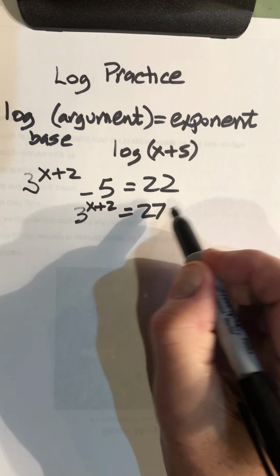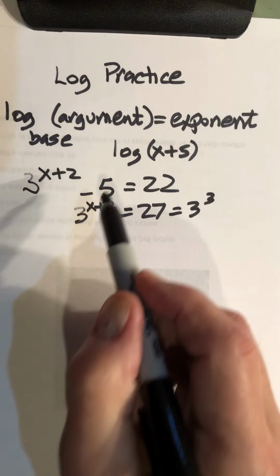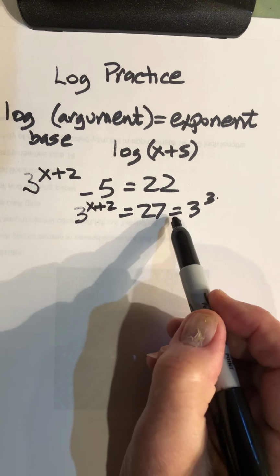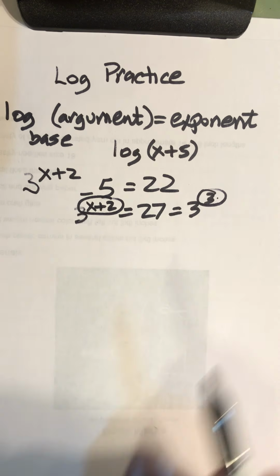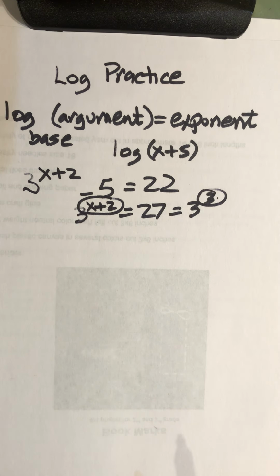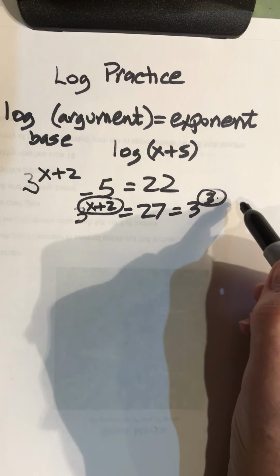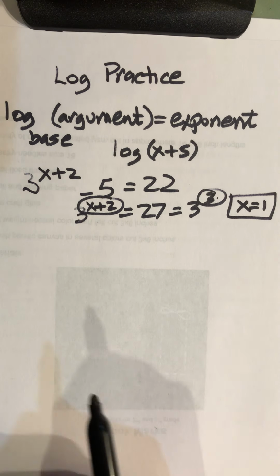Well, 27 I know is 3 cubed. So I've got 3 to the x plus 2 equals 3 cubed. Because these are equal, that means these exponents have to be equal. So x plus 2 equals 3, and x would have to equal 1. Do you see? All right, that's easy enough.